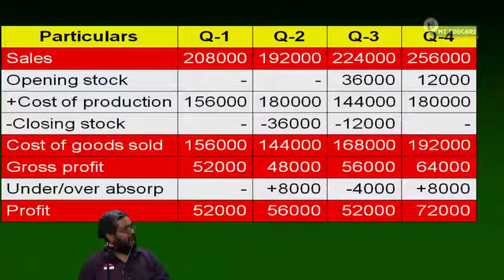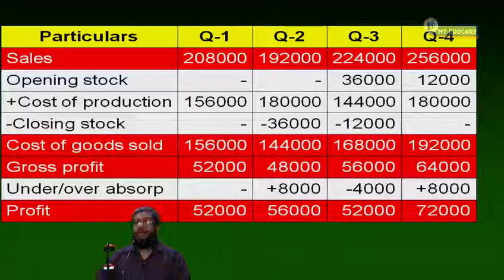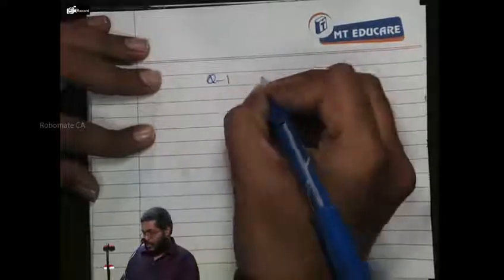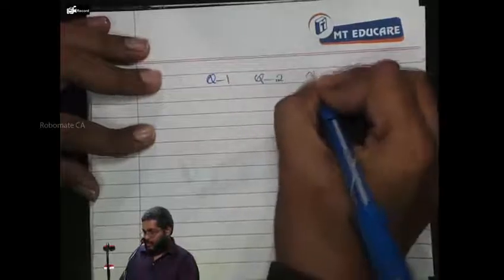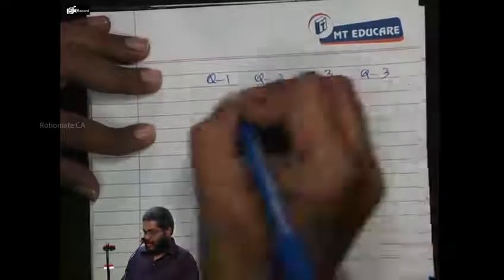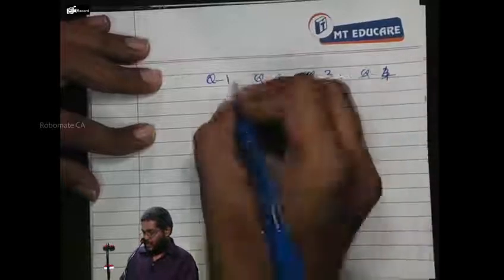Can I reconcile two profits or not? Now, please tell me. Quarter 1, quarter 2, quarter 3 and quarter 4.